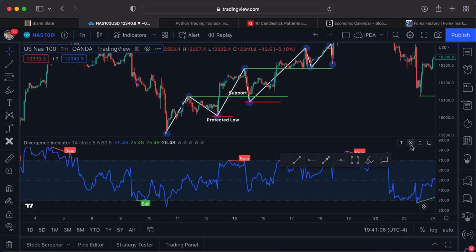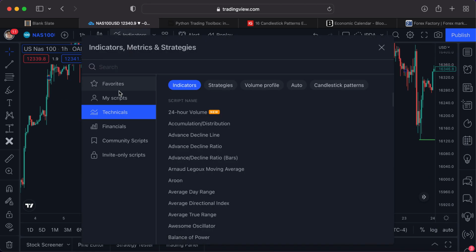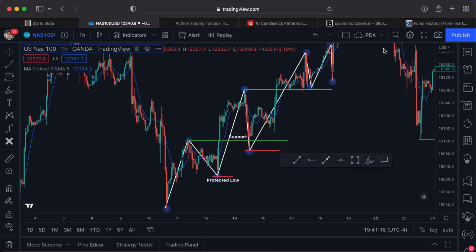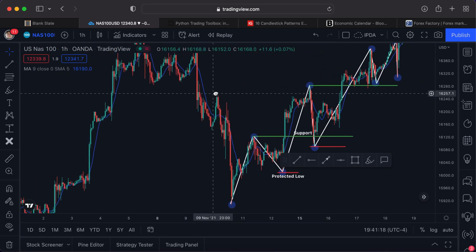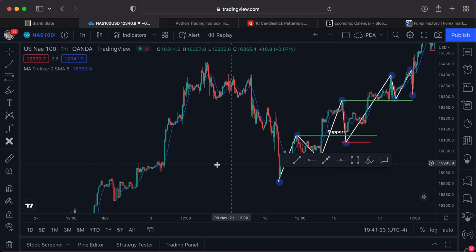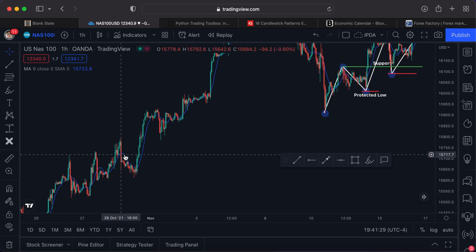There are thousands here on TradingView. There's even the moving average, very common. It's just a moving support and resistance line, as people make it out to be. So you can see here that the market was moving up. You can see that the blue line was moving with the market here.